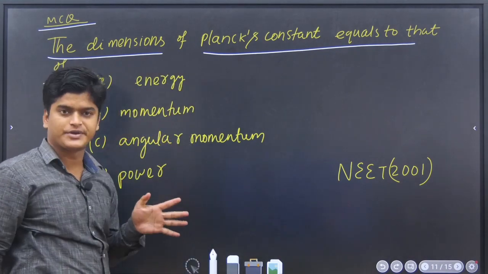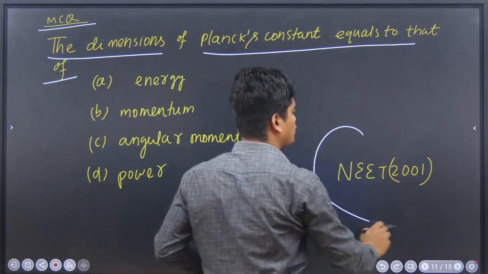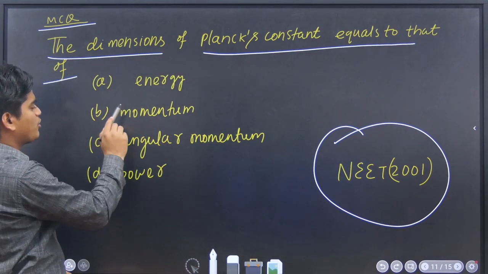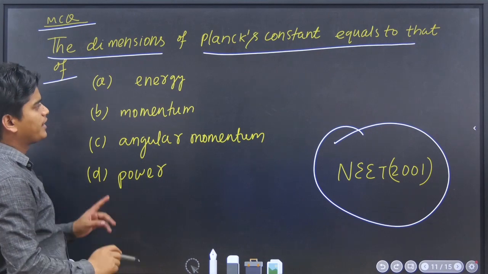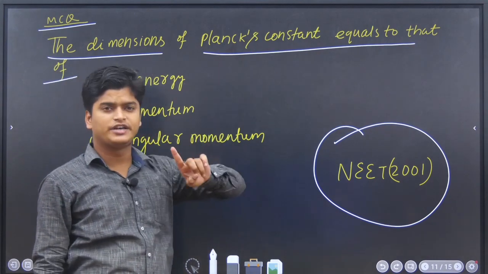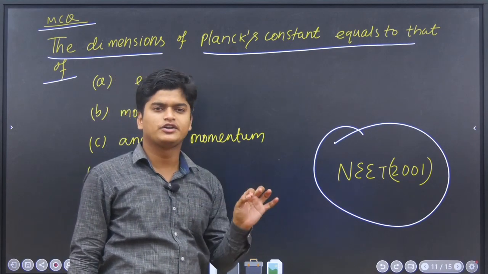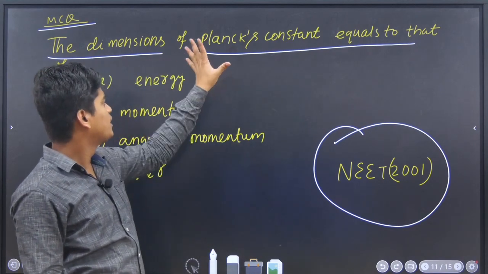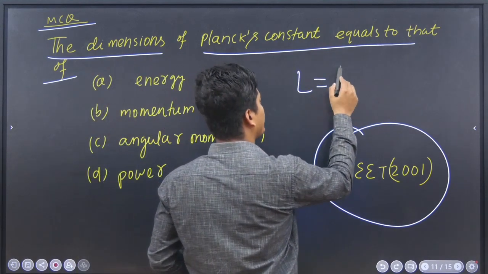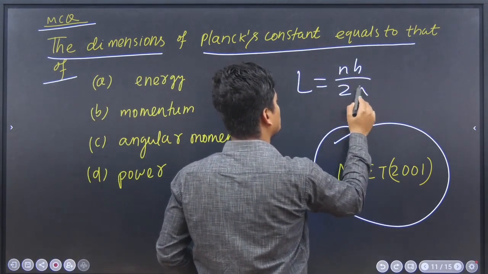Four options are given. See, this is a NEET previous year question. Here they are telling energy, momentum, angular momentum and power. While teaching the class I told you that the unit or dimension of Planck's constant is basically equal to that of angular momentum. And that formula I also wrote there: L equals nh by 2 pi.